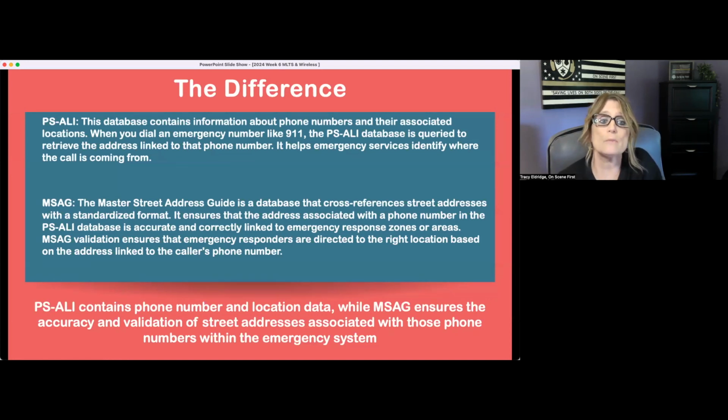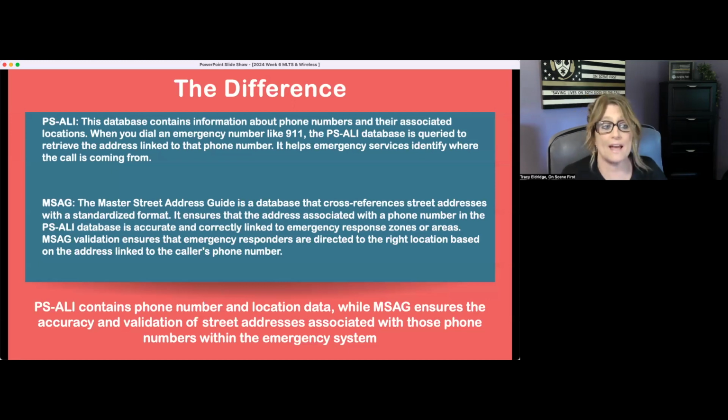So when you dial the emergency number, the PS-ALI database is queried to retrieve the address linked to the phone number. It helps emergency services identify where it's at.